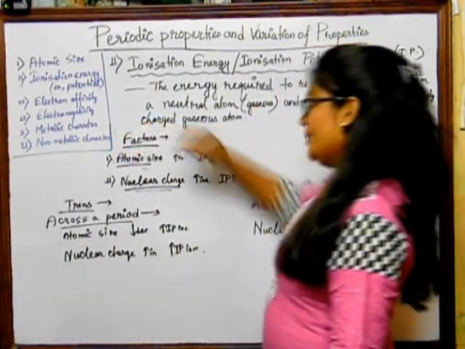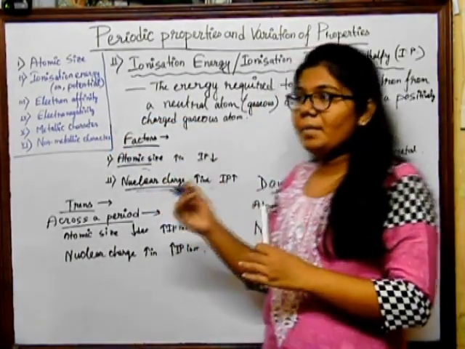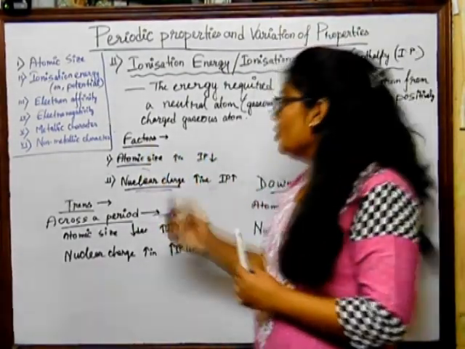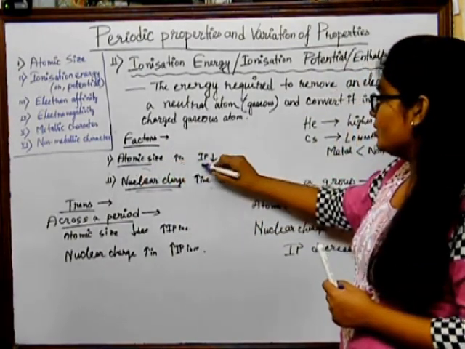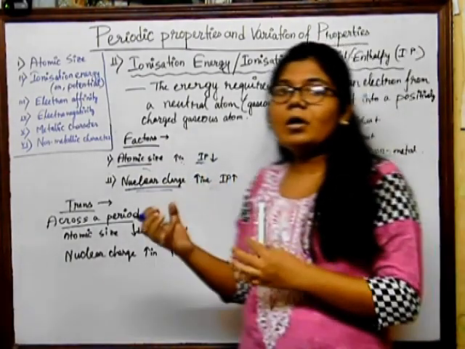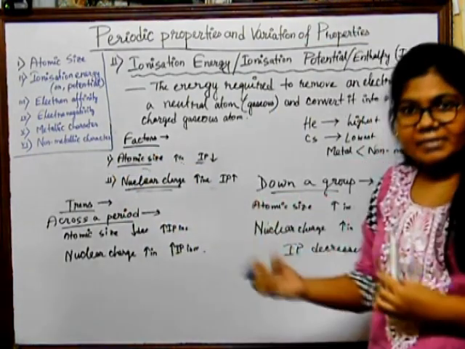If the atomic size increases, it means the number of shells is increasing, which means the attraction is decreasing. So if atomic size increases, then the ionization potential decreases, meaning the attraction of the nucleus to the outermost shell is decreasing.